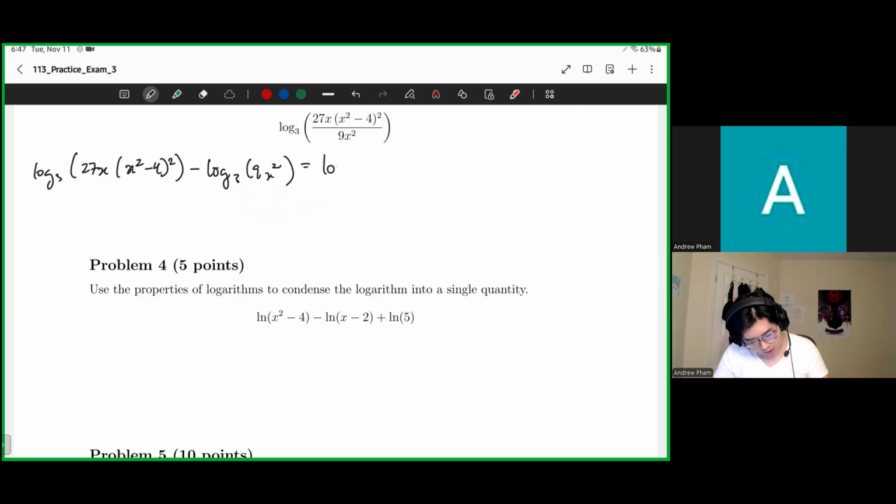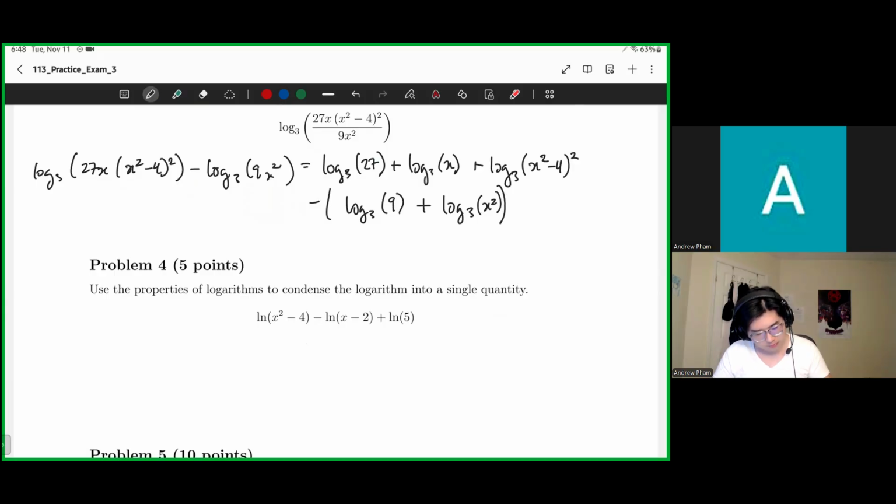We get log base 3 of 27 plus log base 3 of x plus log base 3 of (x squared minus 4) squared, minus log base 3 of 9 plus log base 3 of x squared.